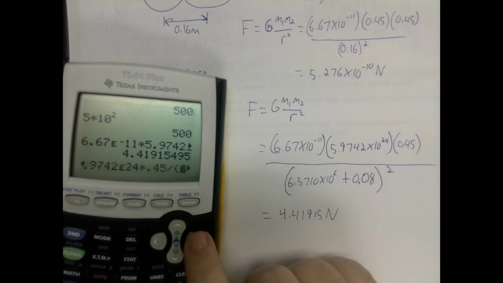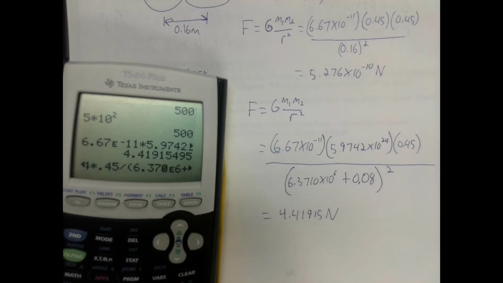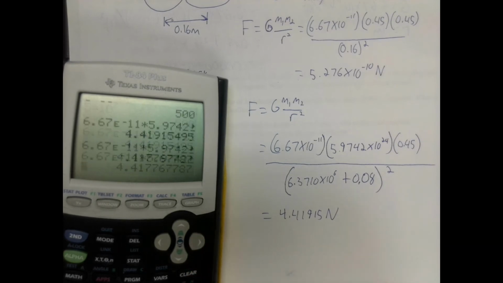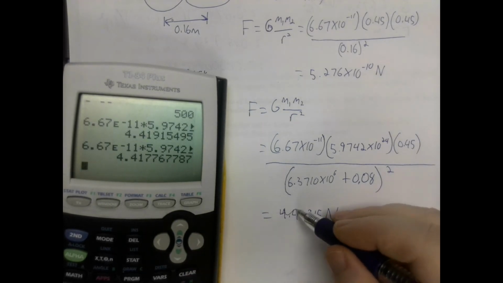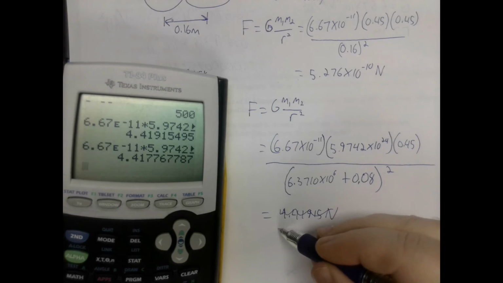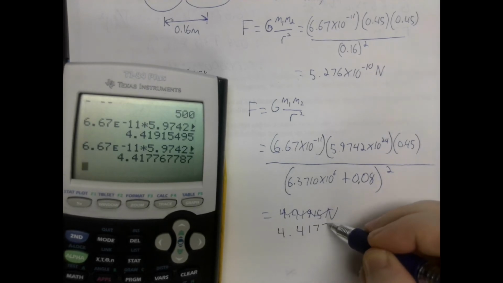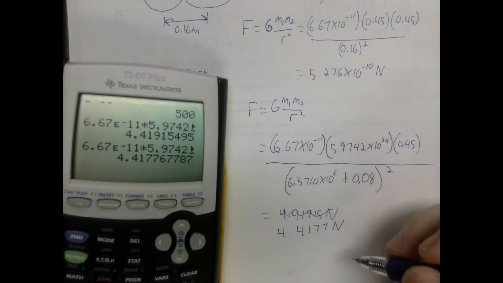And then I did divided. I used parentheses. 6.37. That should be a 1, not a 0. Plus 0.08. Put a square up top. Press enter. And my answer is going to change because I made a mistake. That should be 4.4177 newtons.